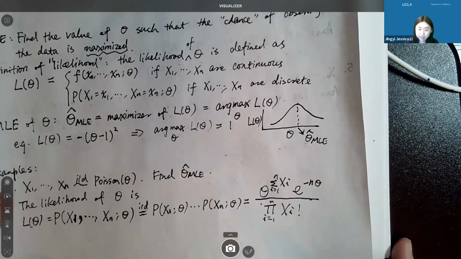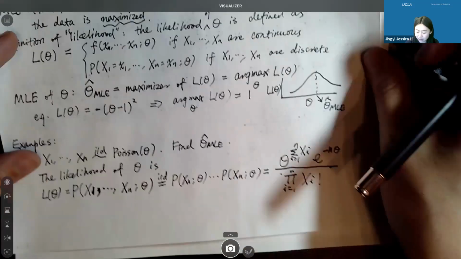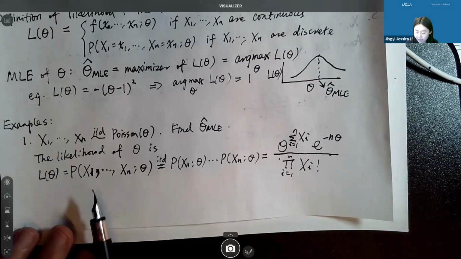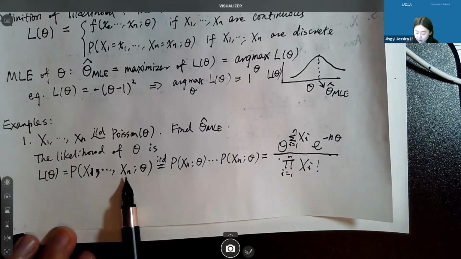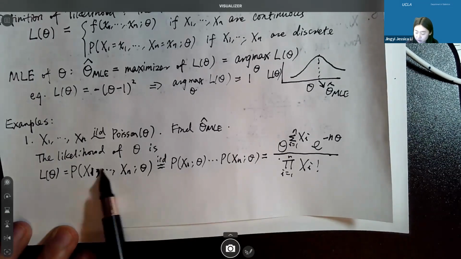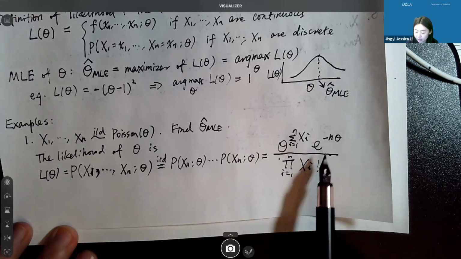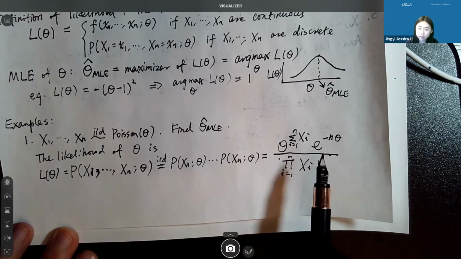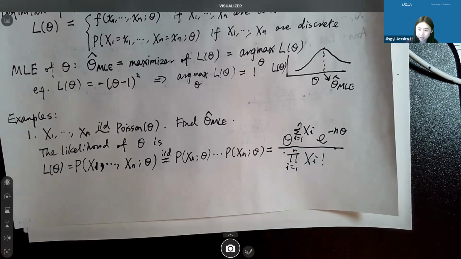You can see that given any values of my random variables big X1 to big Xn, they can change, and this is the corresponding likelihood given my theta. Now I'm interested in knowing at what theta value I am going to maximize it.